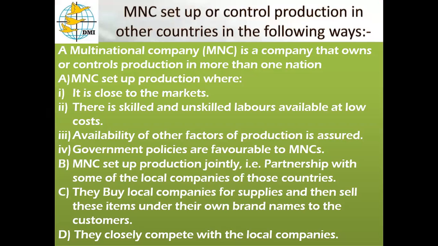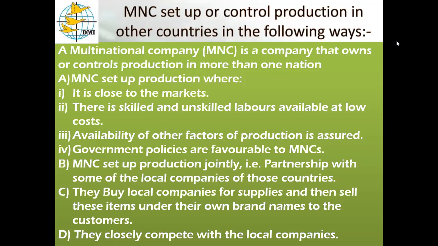So MNCs will set up or control production in other countries. In which ways? An MNC is a company that owns or controls the production in more than one nation. That means they either own the production in two or three nations, or they are controlling the production in two or three nations. Where is an MNC set up?